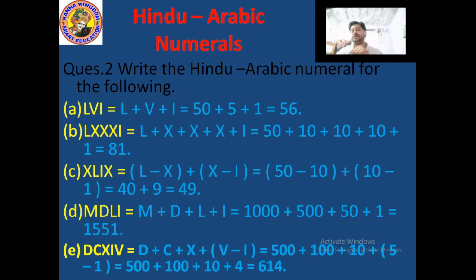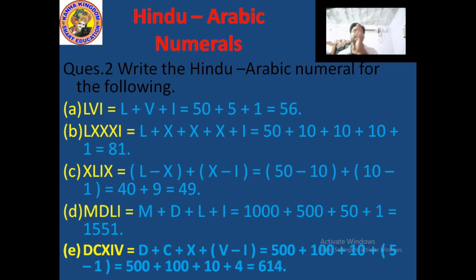Here I is greater than X? No. So again open bracket, first write down X minus I, bracket close. So here is two bracket. First bracket is where L minus X, L equals to 50.